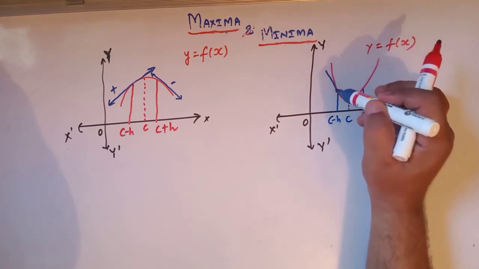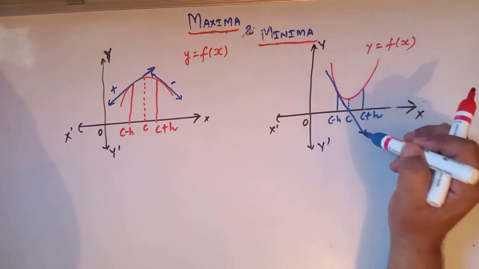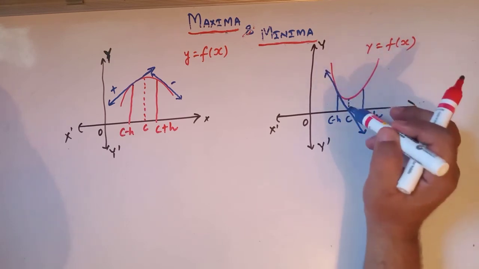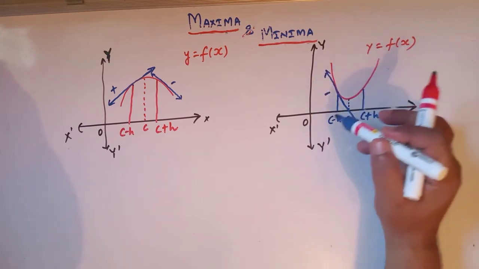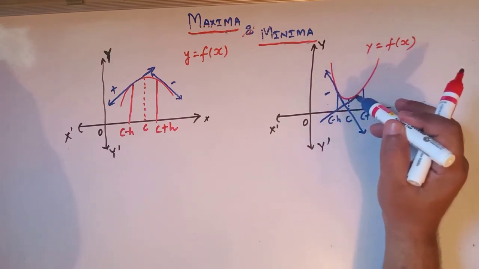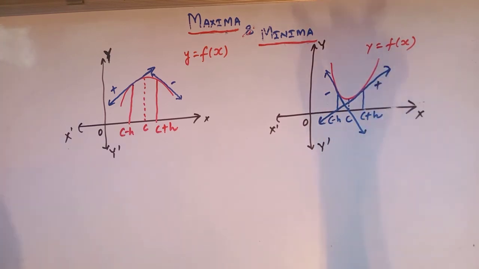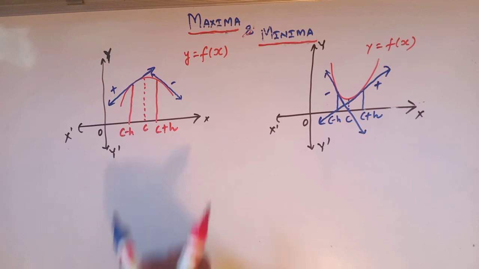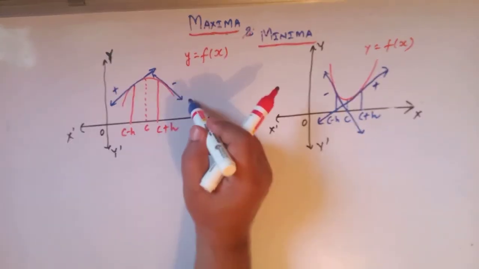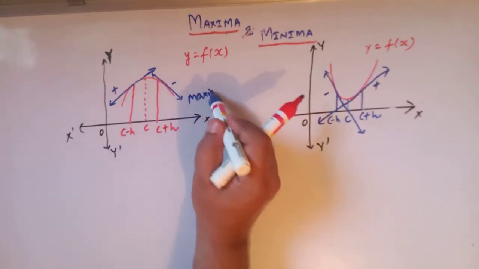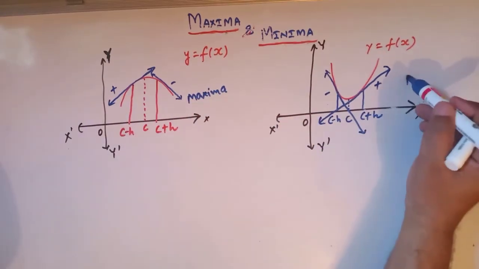If we draw a tangent here, the slope is negative, and if we draw the tangent at this point, then the slope is positive. So here we have maxima, and here we have minima.